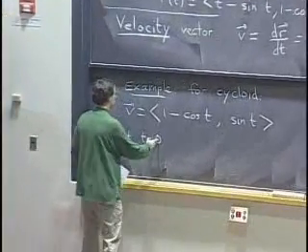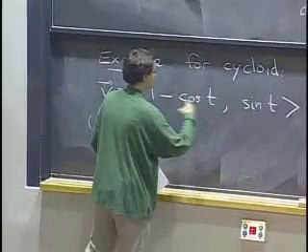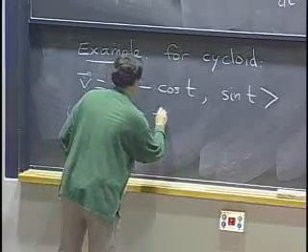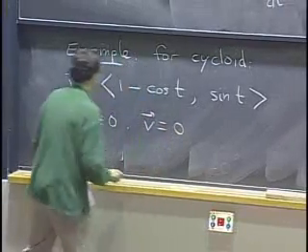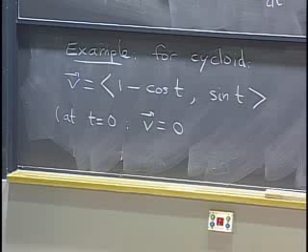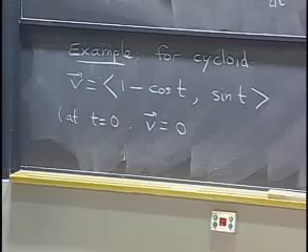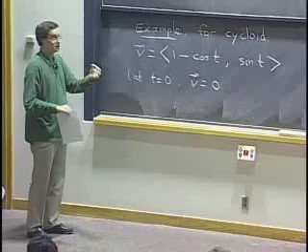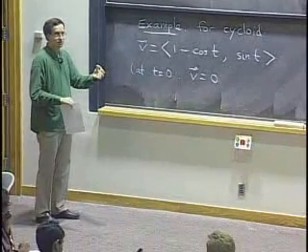Well, if I plug t equals 0 in here, then 1 minus cosine t is 0, sine t is 0, the velocity is 0. So at that particular time, our point is actually not moving. Of course, it's been moving just before and it starts moving just afterwards. It's just, at that particular instant, the speed is 0.